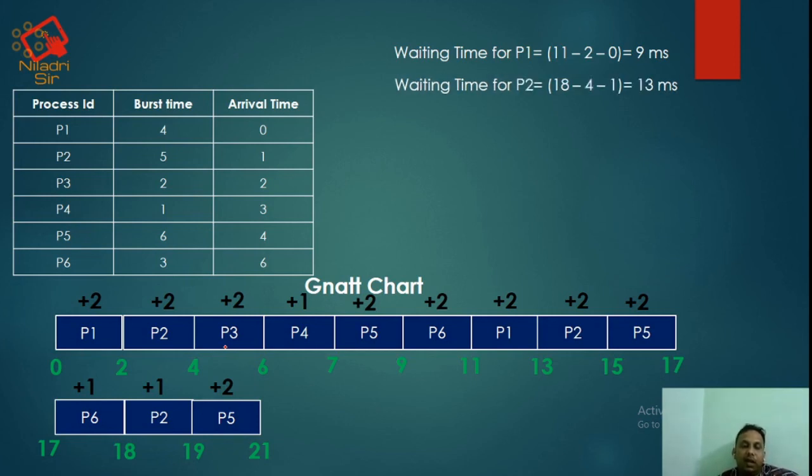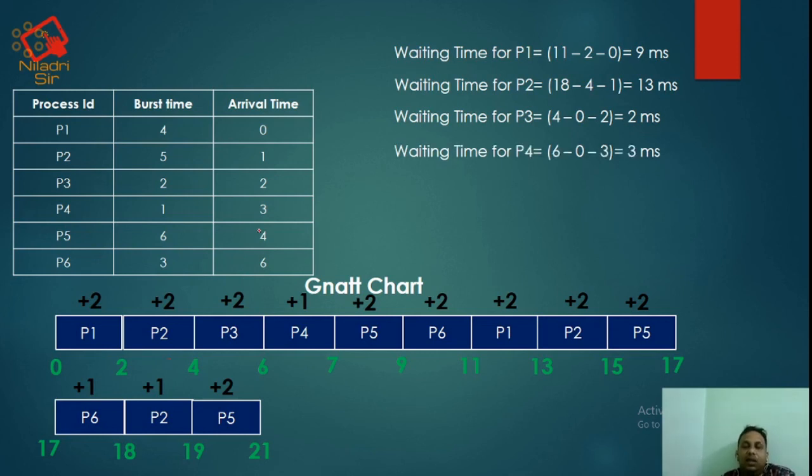Okay. Minus 18 minus 4 minus 1. That is 13. Next for P3. P3 is here. So starting time is 4. It has never executed. So 4 minus 0 minus 2. That is 2 microseconds. And for P4 the last one is here. So the starting is 6 and it has never executed before. So 6 minus 0 minus 3. That is 3. Next one is for P5. P5 last executed here.